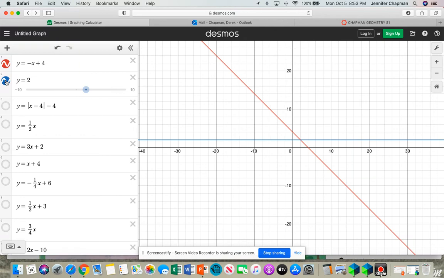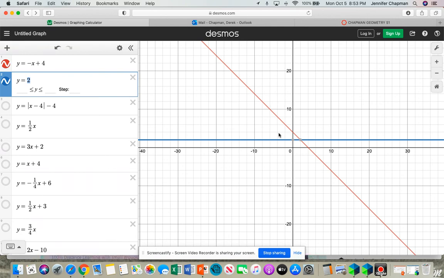You're literally treating the left side like one function and the right side like another function. You can see how I have that in Desmos here. The left side was negative x plus 4. The right side was 2. So I put them both on my graph in Desmos. For this first section, when it's just equations, the only thing you're concerned about is where they cross. Wherever they cross, that's your solution.